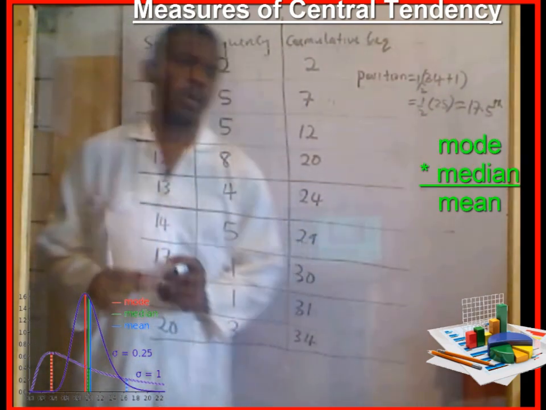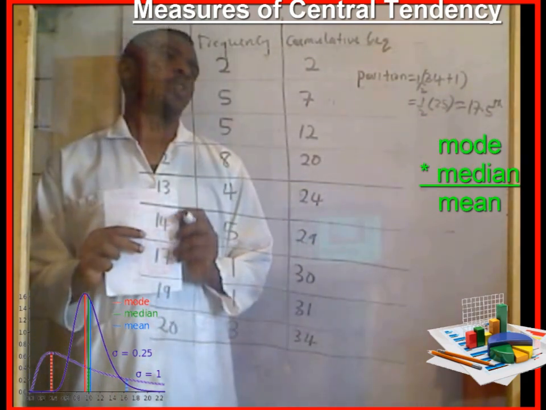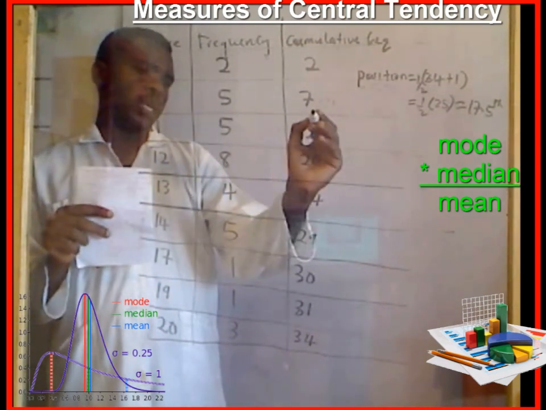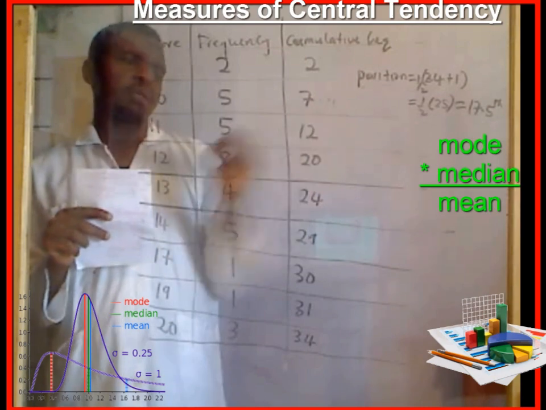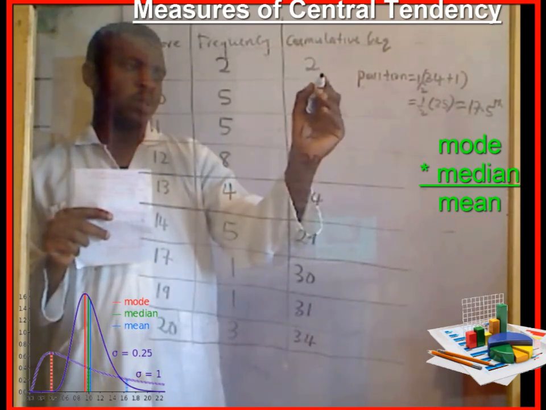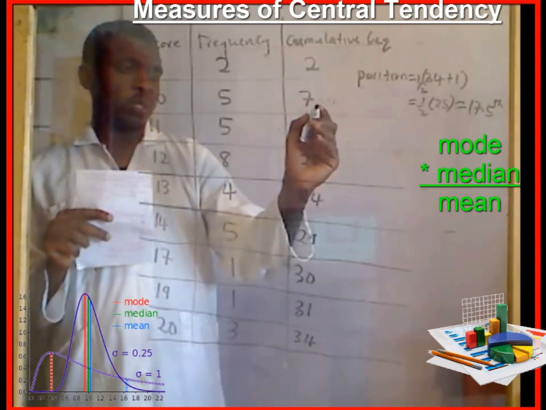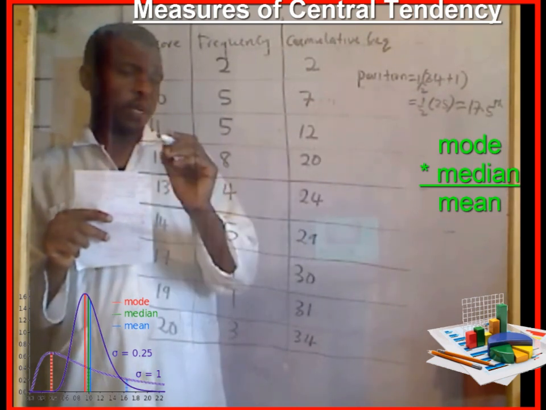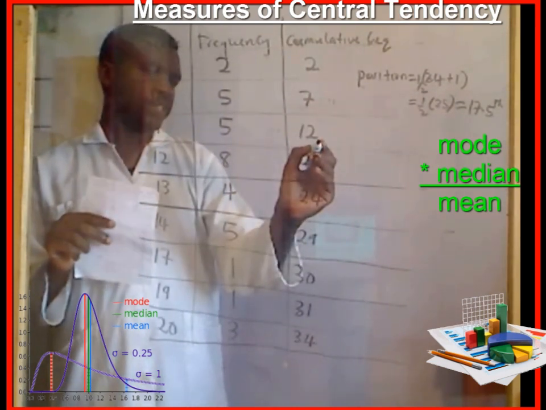So now I look at my cumulative frequencies as I move downwards. So right here now, after counting all the 2's, I am at the 2nd position. So this is the 7th position after adding all the 10's. After adding all the 11's, I am at the 12th position.